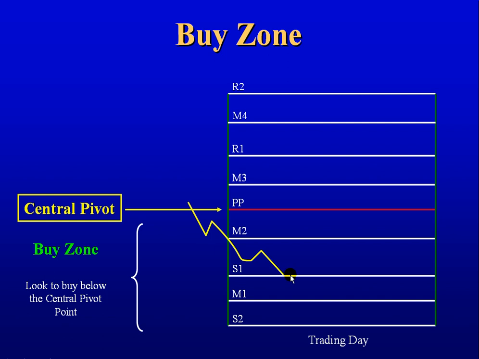Then we want to look for distinguishing characteristics here in the buy zone. We want to look for distinct levels of support along with our visual levels of support in history, trend lines, Fibonacci, use of our indicators, and so forth, to look for a low to be established and an opportunity to buy with the anticipation that the range may move from the sell zone up towards the central pivot and potentially into the buy zone.